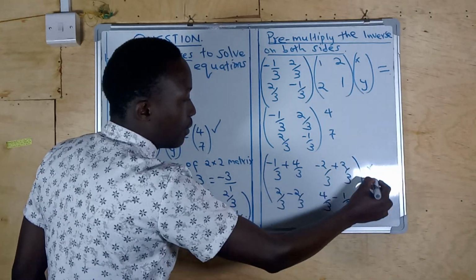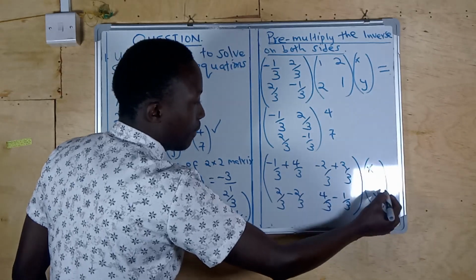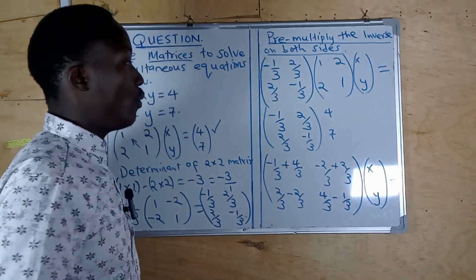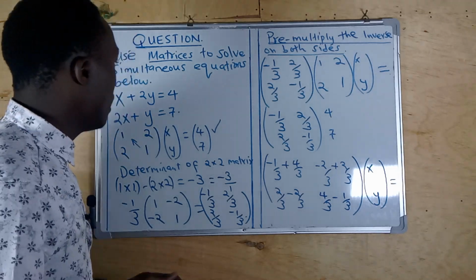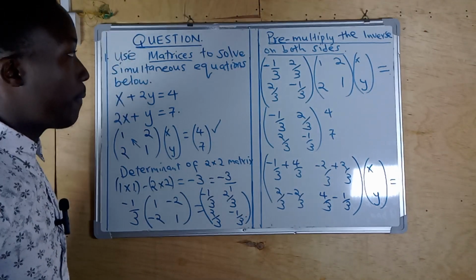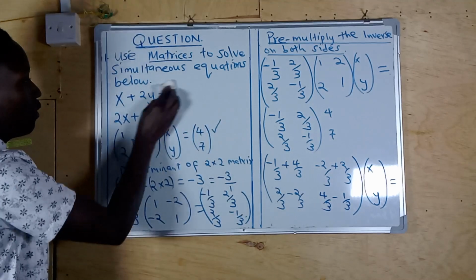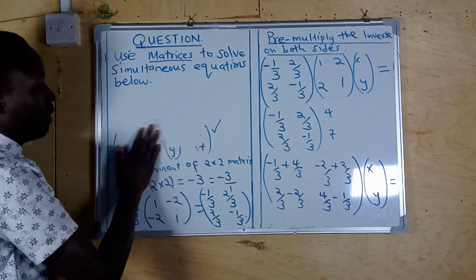So once we are done with that, we say x, y is equal to, we multiply on the other side of the equal sign. So we can continue that on this part of the board.